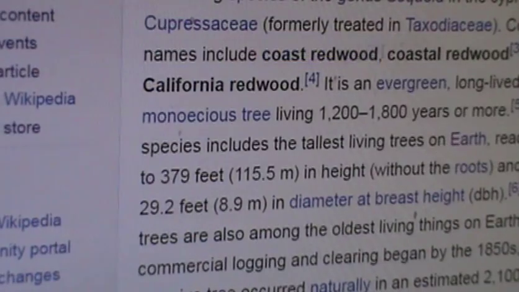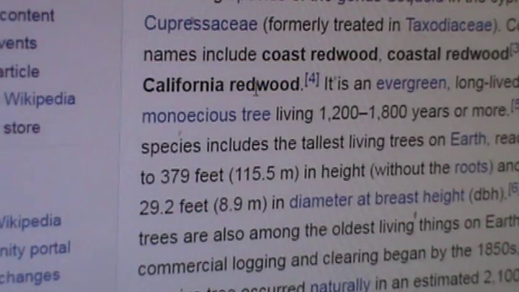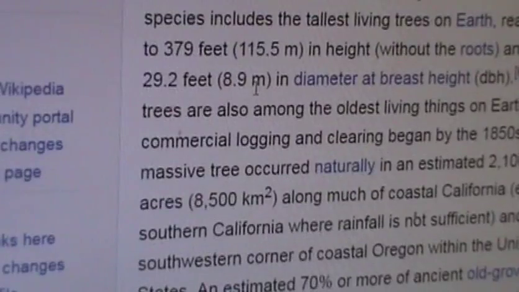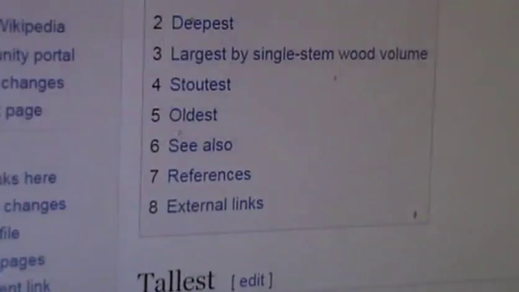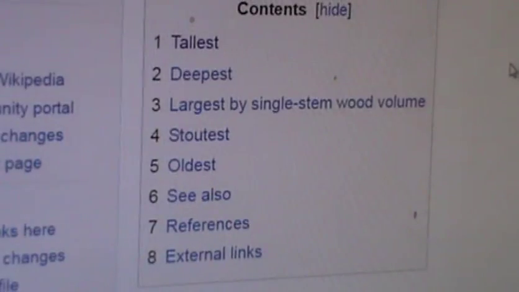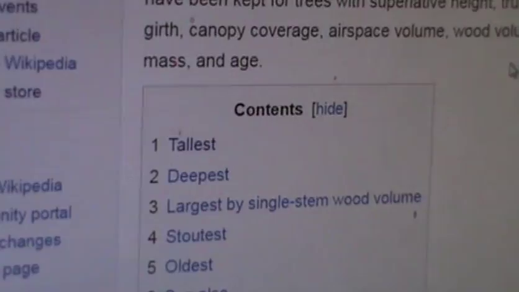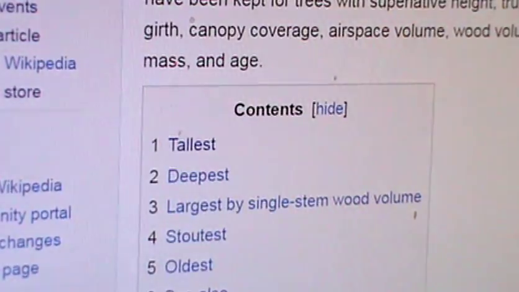Coast redwood. Cool. Wow. General Sherman.